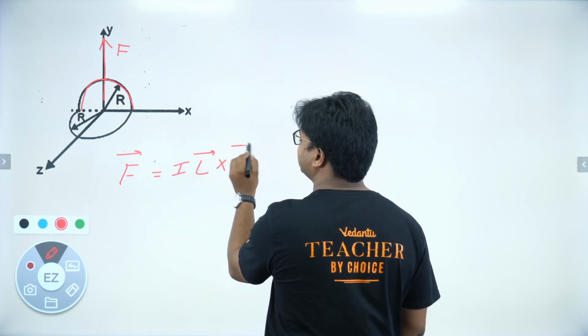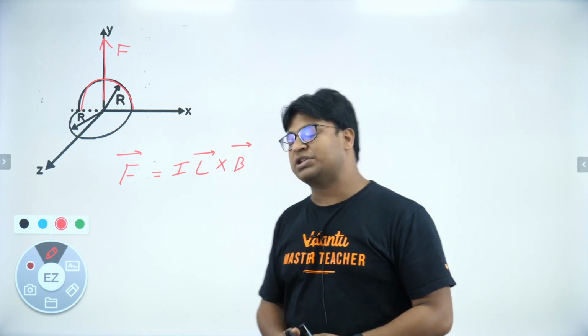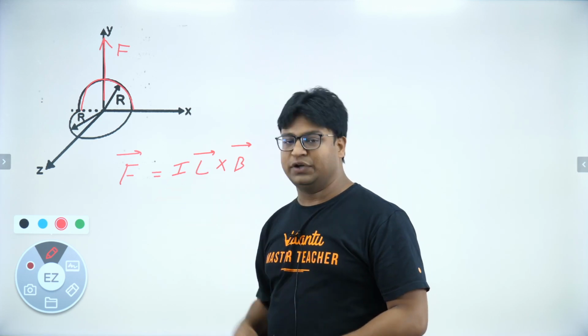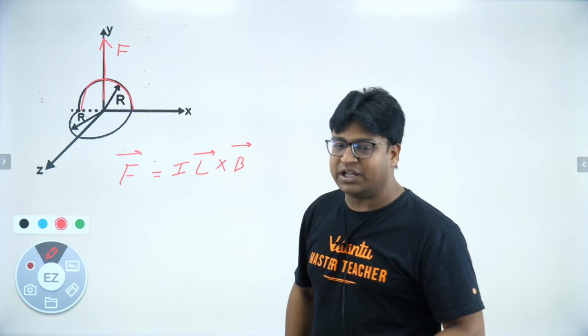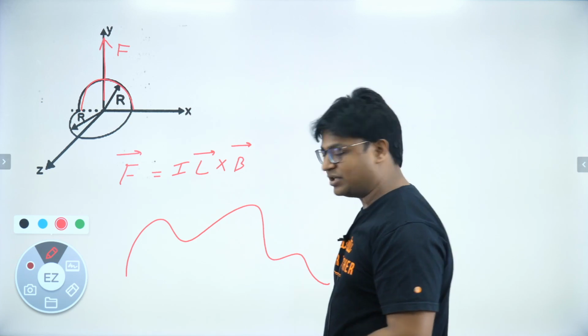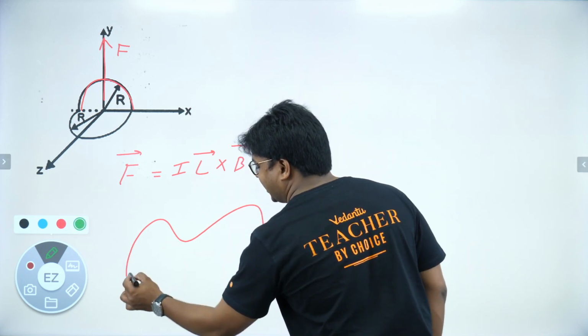We use this expression when we have a uniform magnetic field and we want to calculate the force acting on a straight length L through which current I is flowing. But currently the length is not straight, it is actually a curved length. So when we are dealing with random shaped conductors, we replace them by straight conductors.